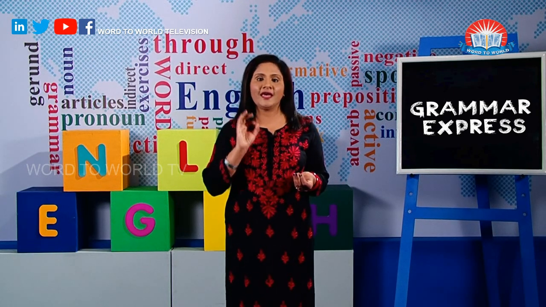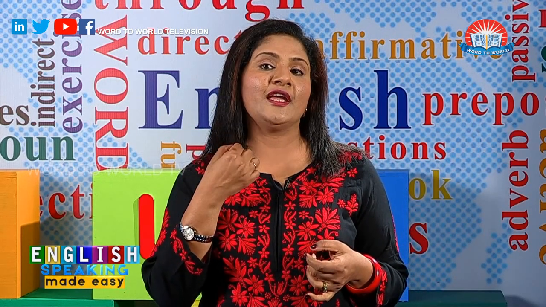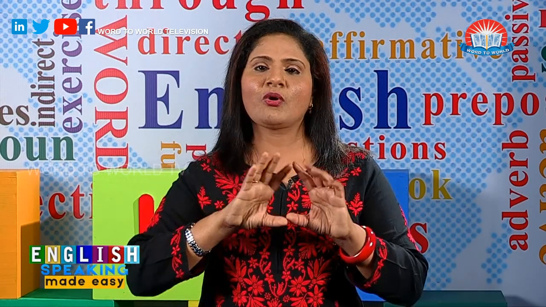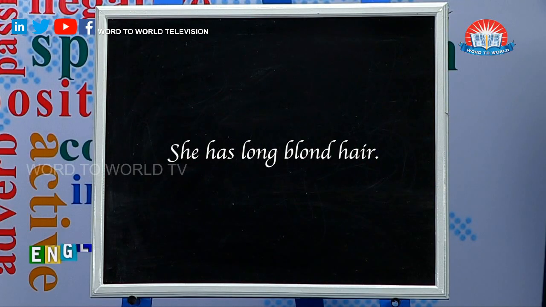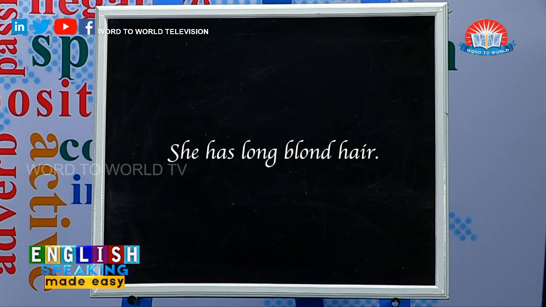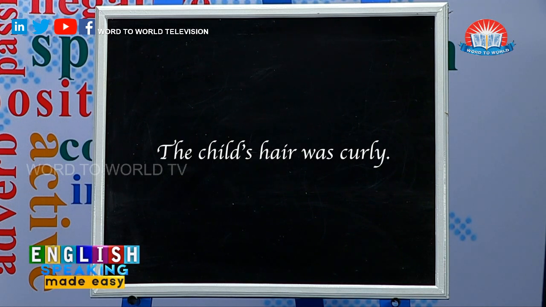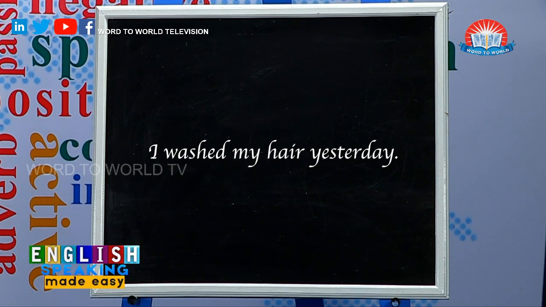It's always hair, except in one context when you say she seems to have a lot of grey hairs, but otherwise it's always hair. Like we say, she has long blonde hair. The child's hair was curly. I washed my hair yesterday. In all these contexts, it is just hair, do not use a plural.